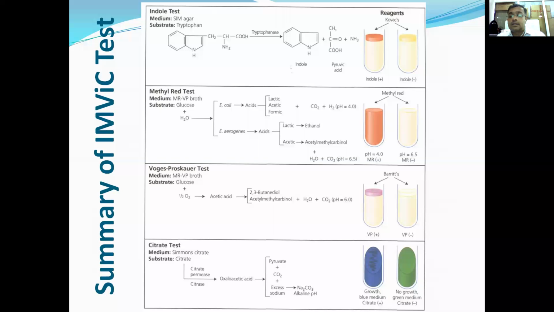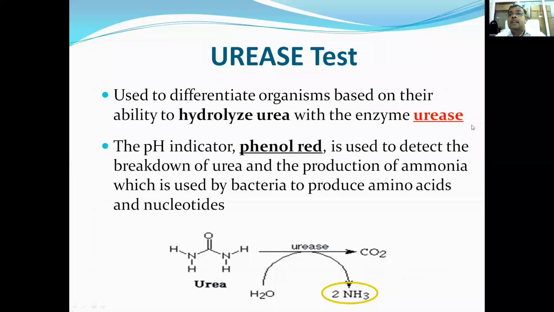Now moving to the next test, that is the urease test. In the first class also I had mentioned that anything with the prefix or suffix ASE indicates an enzyme. So here urease is the enzyme that we are targeting. If any bacteria contain urease as an enzyme, they will utilize urea, and that will produce some product.